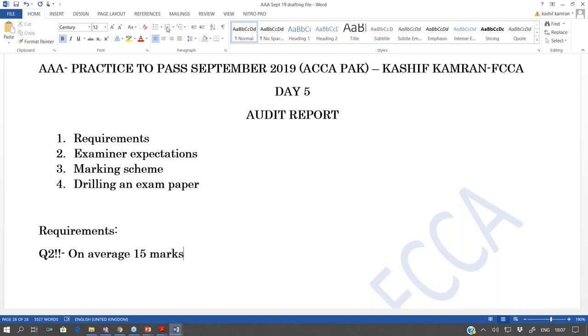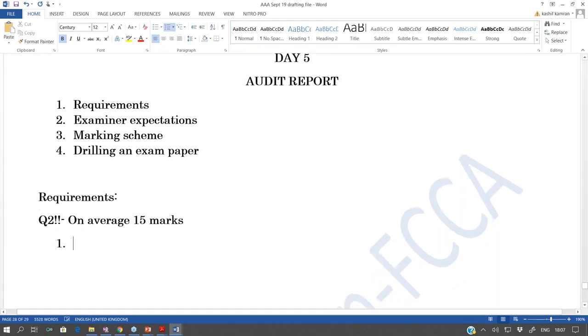in question number 2. Now, what exactly do these 15 marks expect from a student, and what should the student be preparing for in these 15 marks? When you look at these 15 marks, the very first requirement which comes in this area asks for matters. Then there is a requirement which asks for actions.